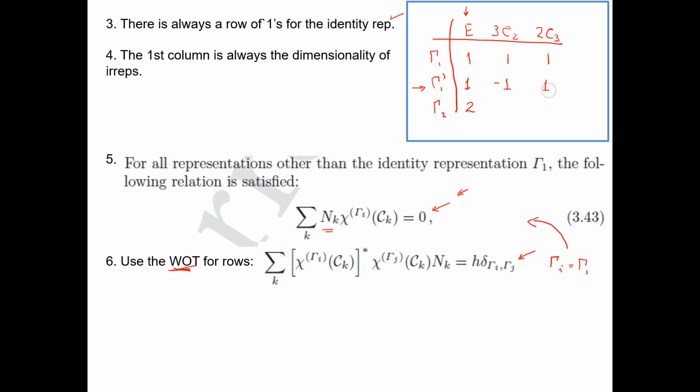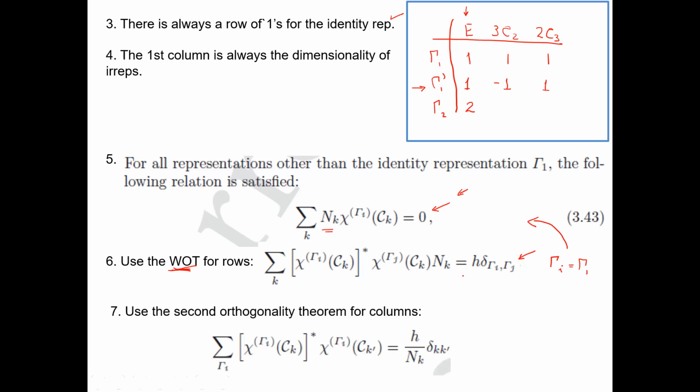Then you can see that 1 minus 3, remember you have to multiply by the number of elements in the class, 1 minus 3 plus 2 equals 0. Okay. All right, so what else can we do? In some cases we will need to use this full equation, but for this simple group this is actually not enough. Let me use a different rule.